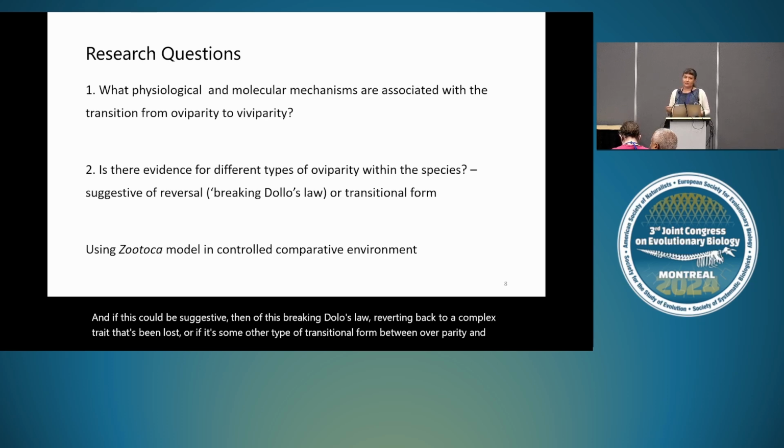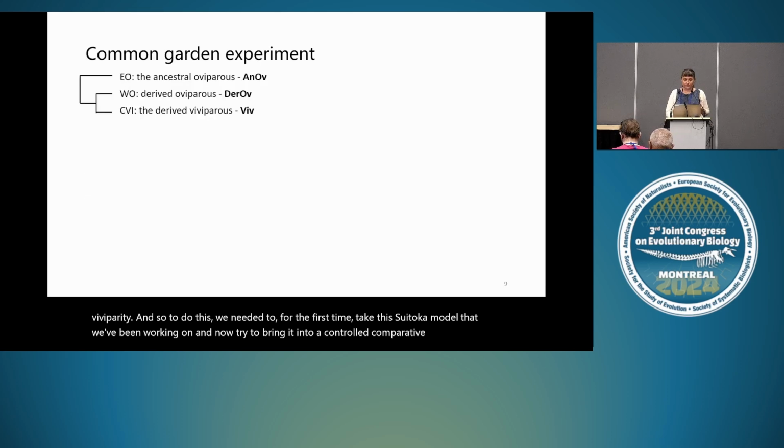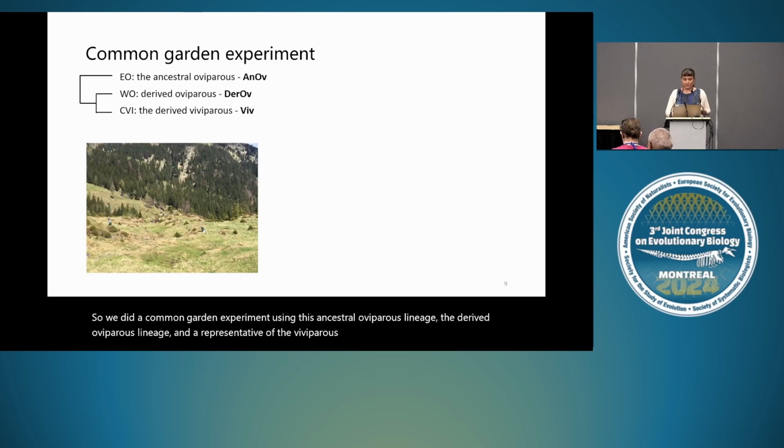And so to do this, we needed to, for the first time, take this Zootoca model that we've been working on and now try to bring it into a controlled comparative environment. So we did a common garden experiment using this ancestral oviparous lineage, the derived oviparous lineage, and a representative of the viviparous clade, the derived viviparous.